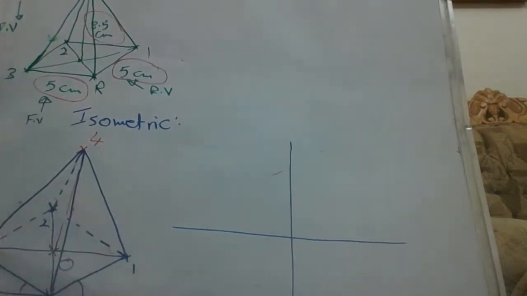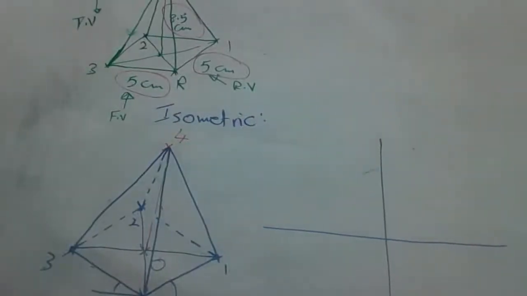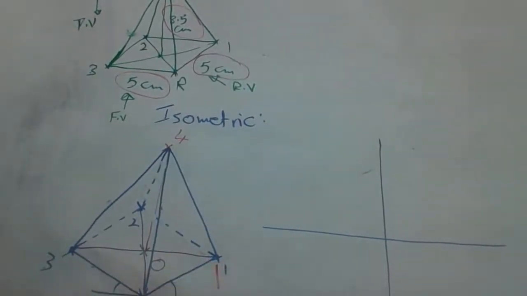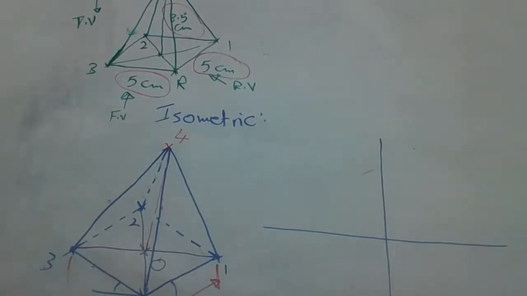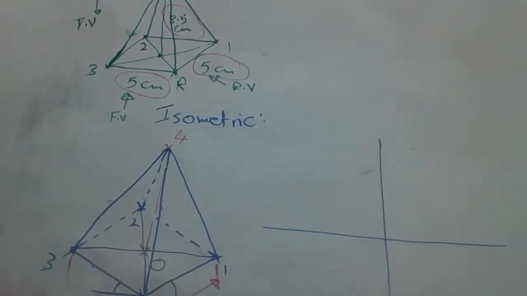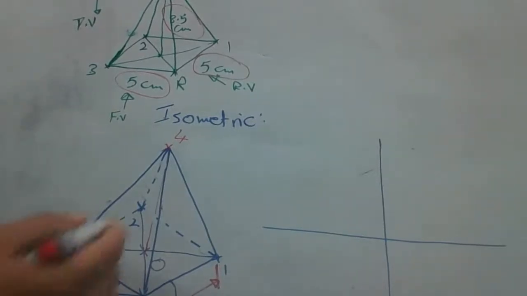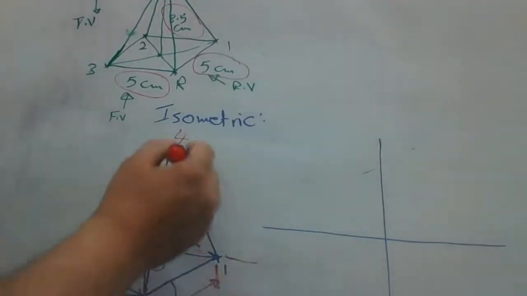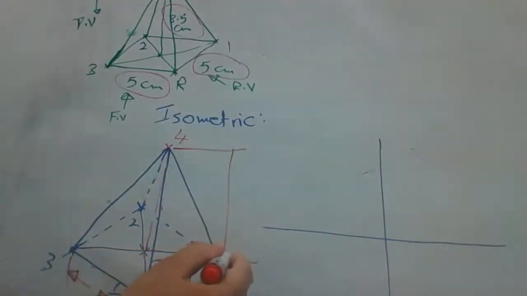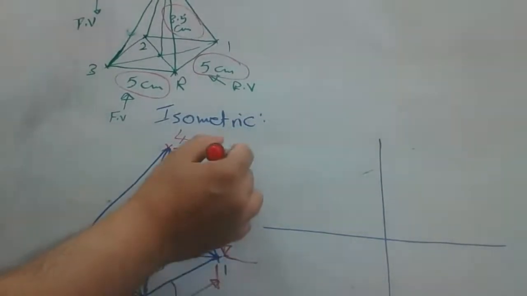Given dimensions, here we can see clearly that from point 1 to R, we can draw 5 centimeter, right, here 5 centimeter. And this is for width and depth. And also here 5 centimeter. And for the height, we can draw it everywhere.